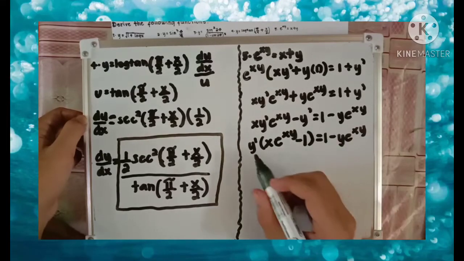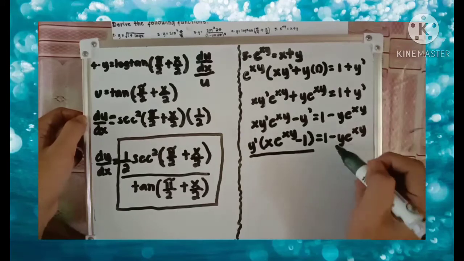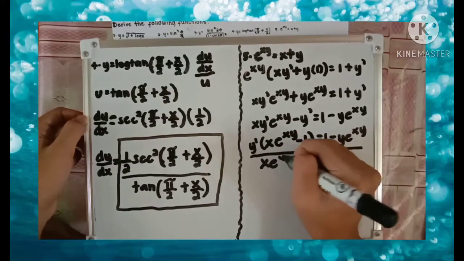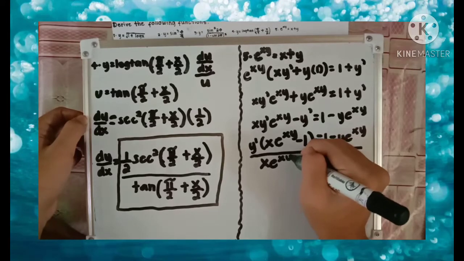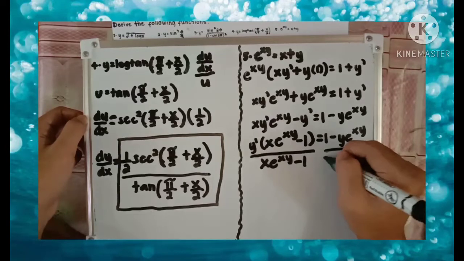So to get the y prime, we have to divide x e raised to xy minus 1 to the both sides.